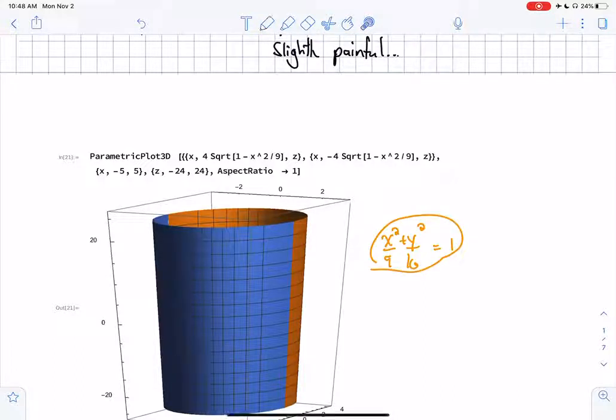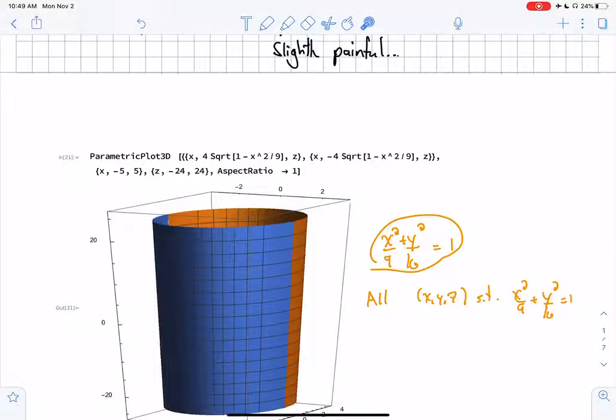Well, there is no constraint on z, so what that gives me is a cylinder. This is in R^3, all x, y, z such that x squared over 9 plus y squared over 16 is equal to 1. So that actually gives you an elliptic cylinder.